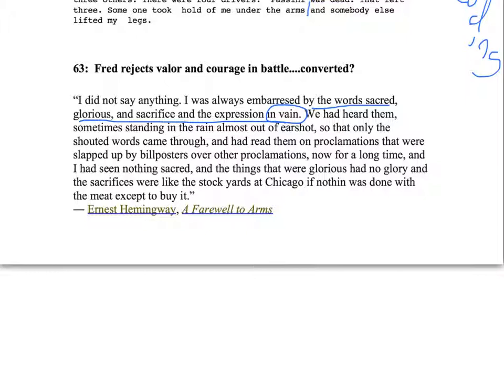No nourishment, no purpose to it, as if it had died, certainly in vain. So we get this beginning of Frederick's rejection of war as sacred, as full of glory, as sacrifice, as the defining aspects of the soldier. Here he's realizing there's no such thing, at least in this war.